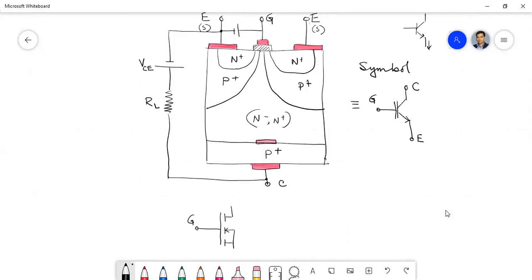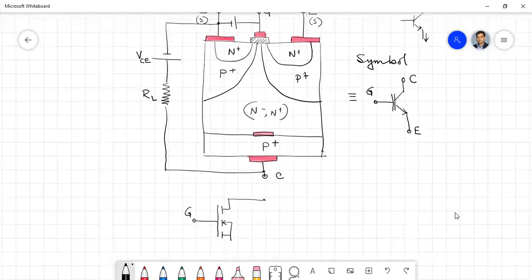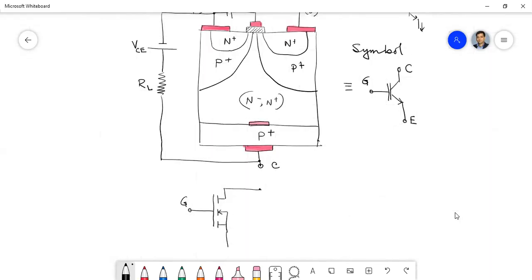So, it's like this. Now, with this, you can visualize a PNP transistor and an NPN transistor. Now, from this terminal, what type of transistor is connected? A BJT is connected from this.